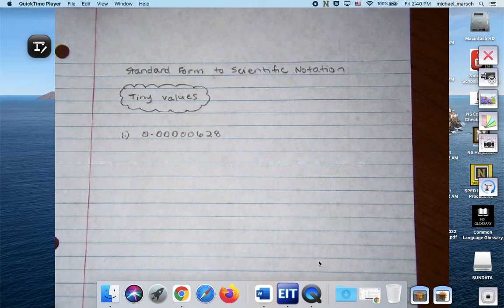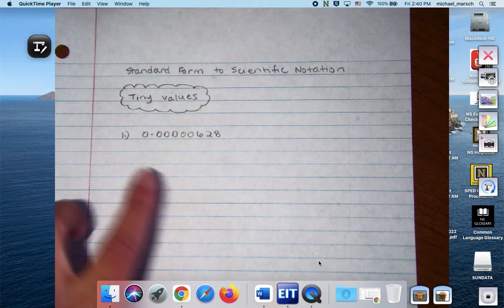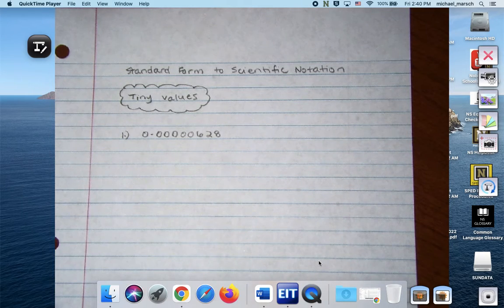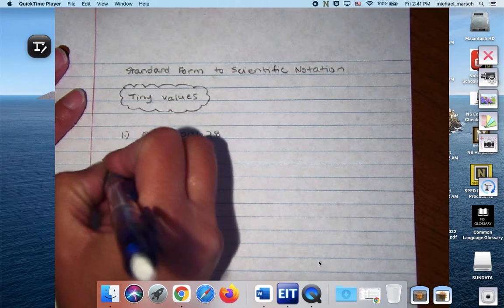Okay, so we have this teeny tiny value. I know it's small because there's a decimal and then there's all these zeros. So that tells me it's worth very little. There's 5 zeros after the decimal. So of course I have steps again.